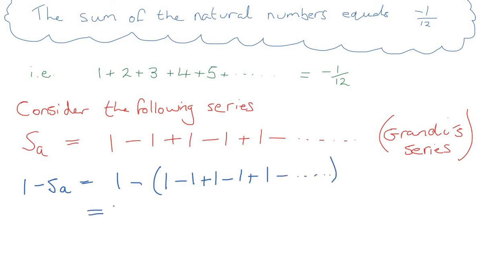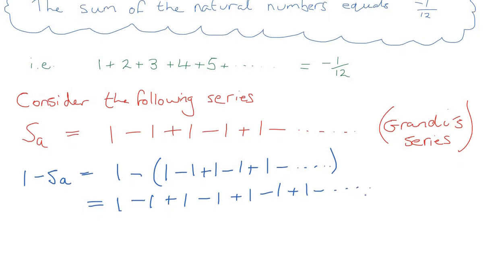And let's just do this. Well, 1, and we're minusing, so everything inside the bracket, its sign's going to be flipped. So we're going to get 1 minus 1 plus 1 minus 1 plus 1 minus 1 plus 1 and so on.